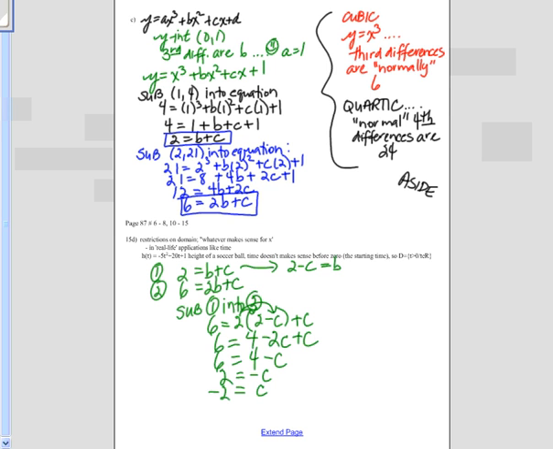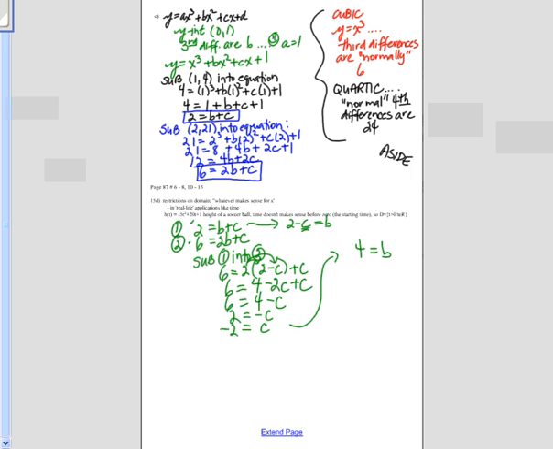If c is equal to negative 2, then b is equal to, I'm putting a negative 2 right here, 4. Are both of these true if b is 4 and c is negative 2? Yes. Yes. I have found my values for b and c.